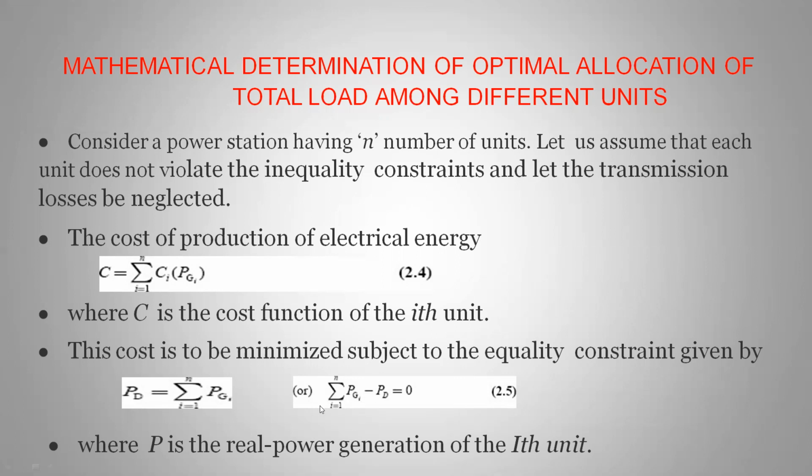This is the total cost of production of electrical energy in n units: C equal to the sum from i equal to 1 to n of Ci PGi, where Ci is the cost function of the ith unit. This cost is to be minimized subject to the equality constraint, the sum from i equal to 1 to n of PGi minus PD equal to 0.